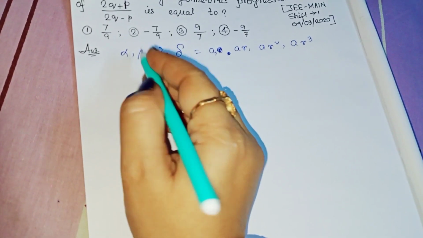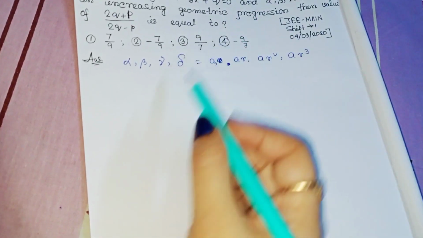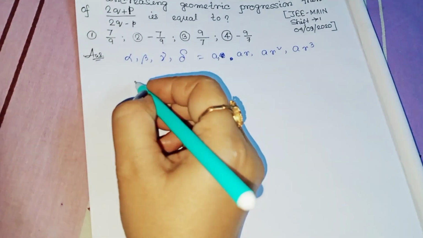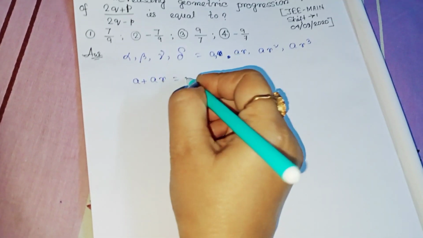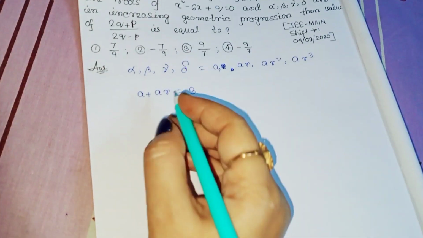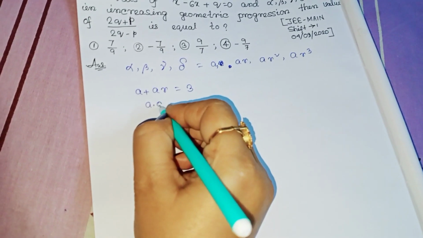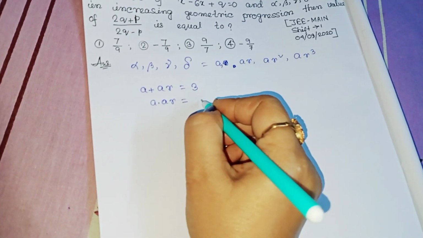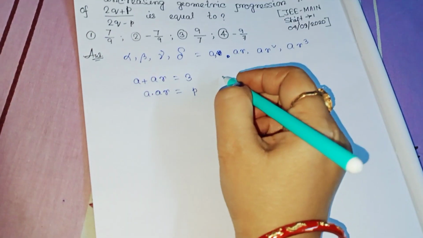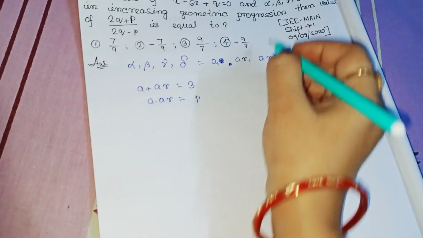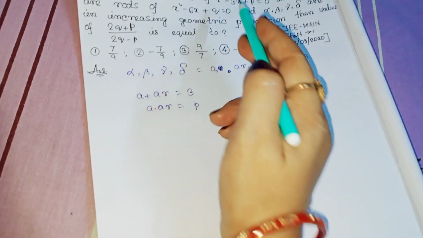Now alpha, beta are roots of this quadratic equation. So alpha plus beta, a plus ar, is equal to 3, we may write minus b by a, so it is 3, and a into ar is equal to p. Second, gamma, delta are the roots of this quadratic equation.